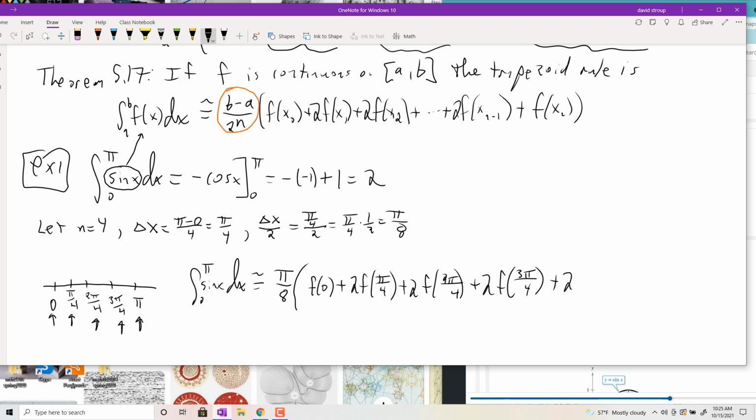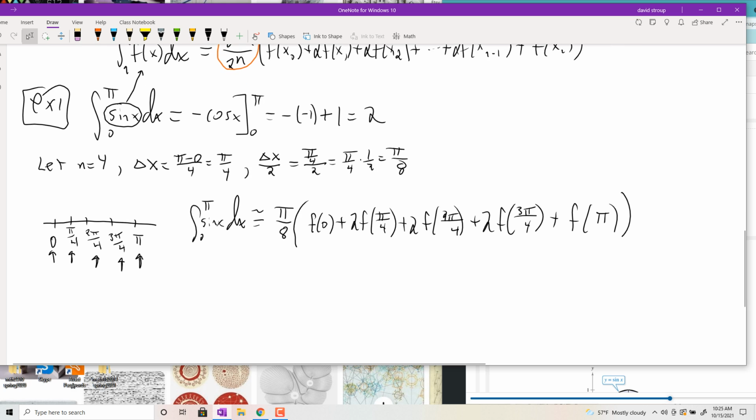plus 2, oh sorry, back to 1 then, right? So the last one is always 1. So 1 f of pi. And then we can plug those into our f of x function, which is sine x.